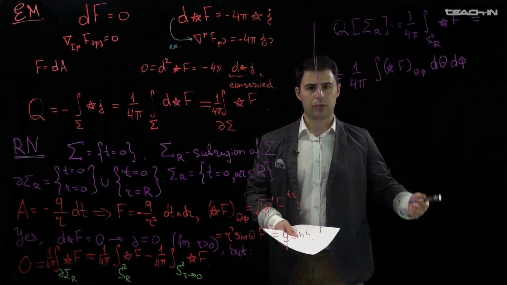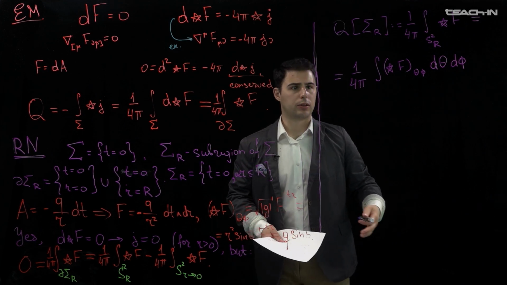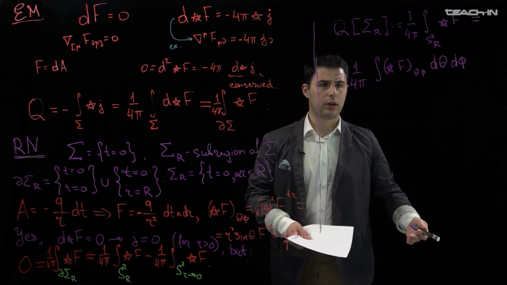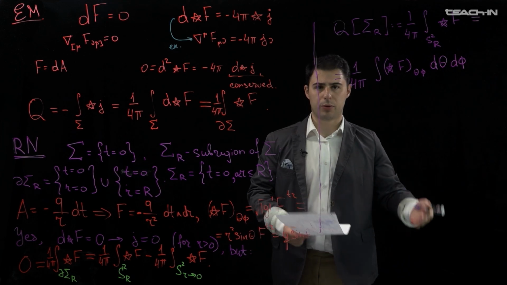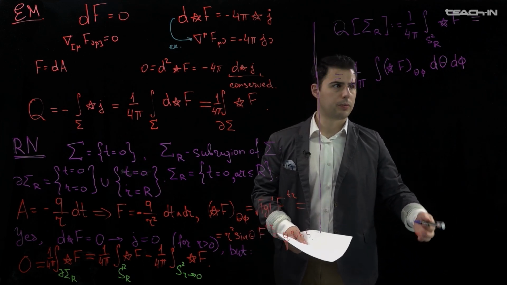The second term, d phi d theta, is the same, and it contributes to removing this prefactor 1 over 2 factorial.